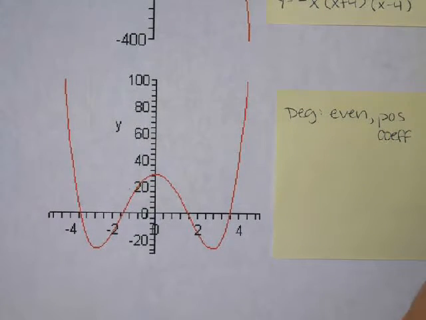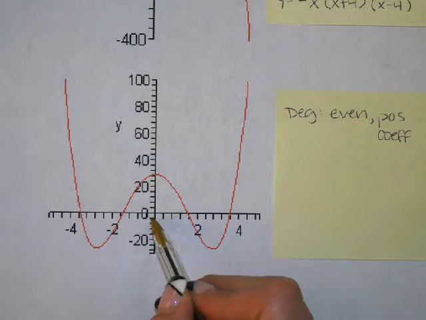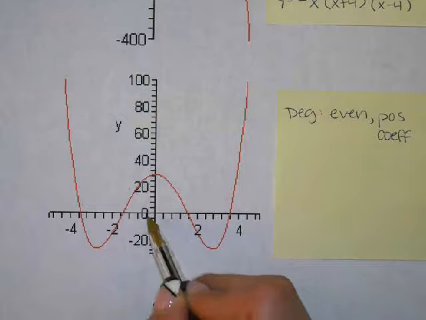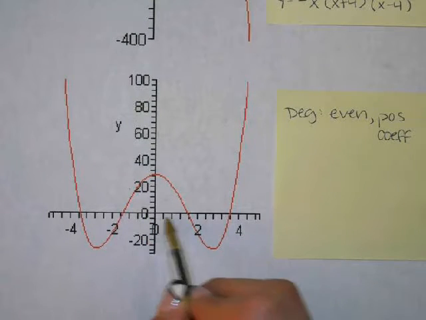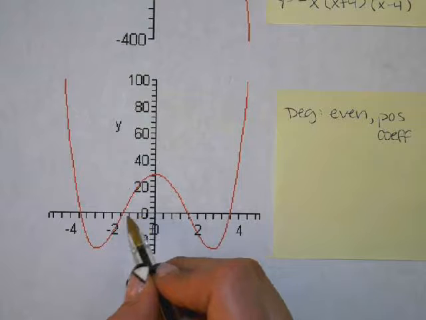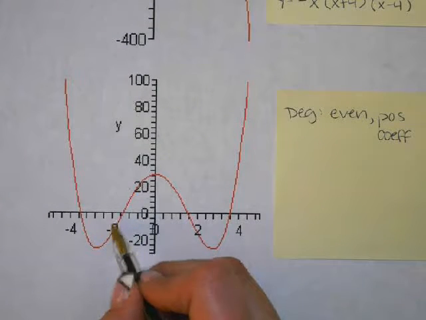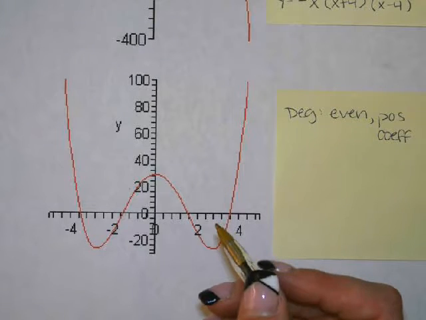Now, the labels on this are really, really bad. It kind of looks like 1, 2, 3, 4, 5. That's kind of confusing.